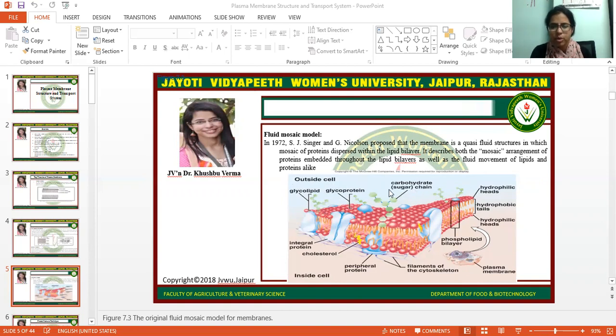And these are the carbohydrate, meaning sugar chain. Along with all these three components, cholesterol will also be present within the lipid bilayer. If you are talking about the animal cell, cholesterol will be present. If you are talking about the plant cell, stigmasterol will be present within the lipid bilayer.